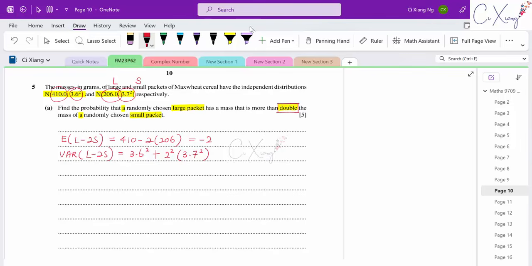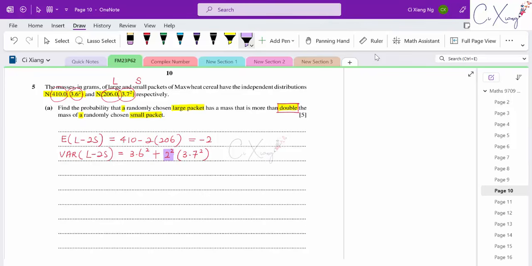Okay, so there's one part that is worth for us to discuss here. For the value of variance, when you want to take out the constant from variance, basically you have to square the constant, where I'm having a 2 square here. So some students might confuse 2 and 2 square for the calculation. When do we need to have 2 square?